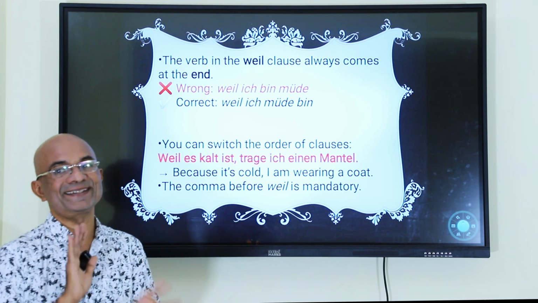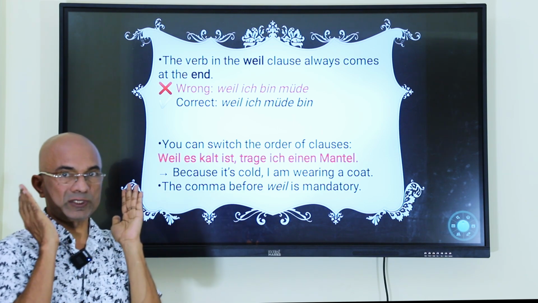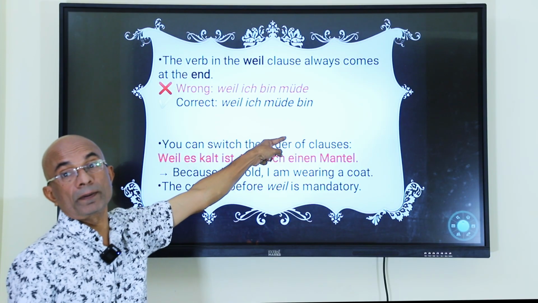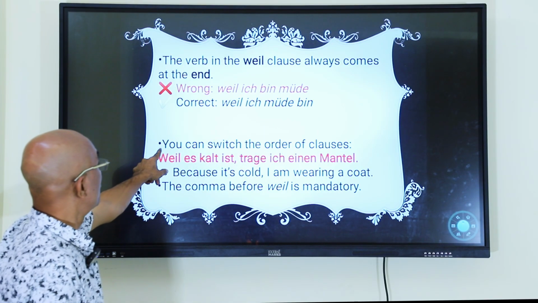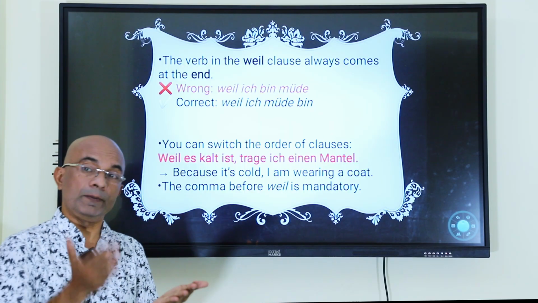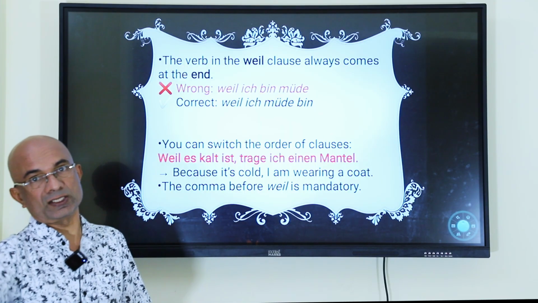In English there's no difference there. But in German, if you're using "weil", always place the verb at the end of the sentence. Then again, you can switch the word order. You can put "weil" in the beginning also, and that makes sentences.